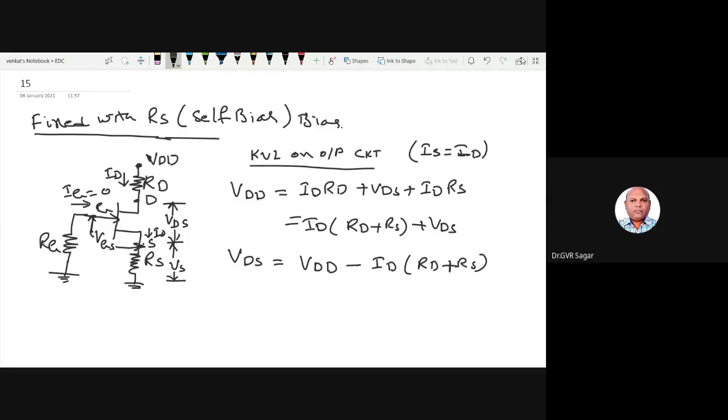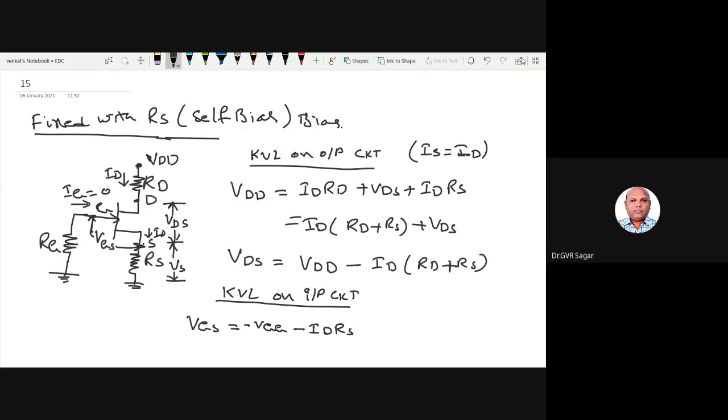Similarly, when I go to the KVL on the input circuit, VGS is equal to VGG minus ID into RS, because reverse voltage now, reverse process, right?